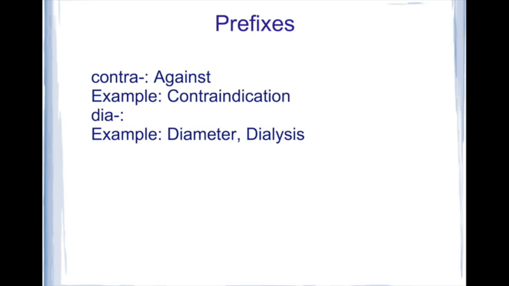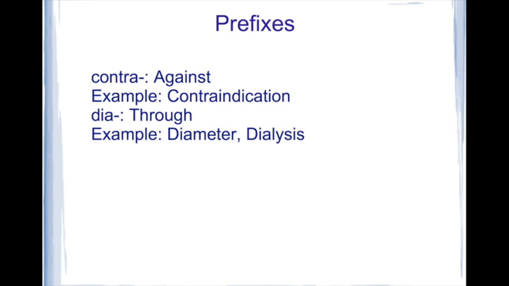So to measure the diameter of something, you're measuring the distance through it. Dialysis, we're filtering waste through either the peritoneum, the abdominal peritoneum, or through a machine that can pull the waste out and then return the blood back into the body. Okay. So it goes through the peritoneum or through a machine for filtering.